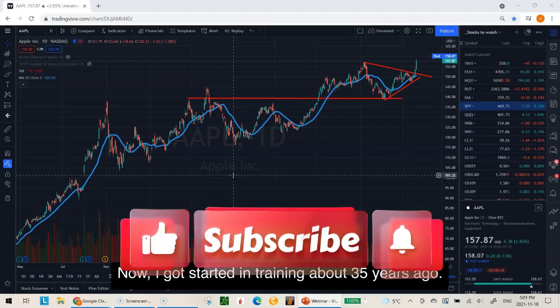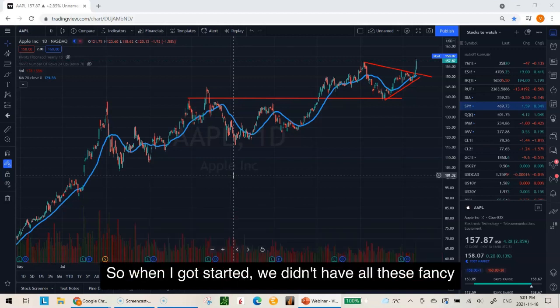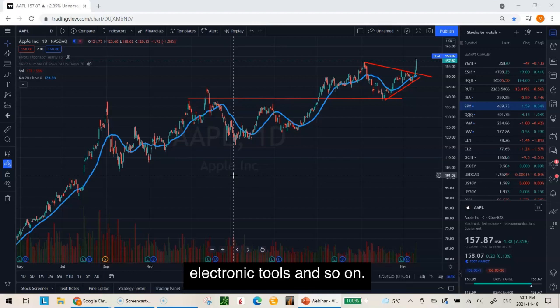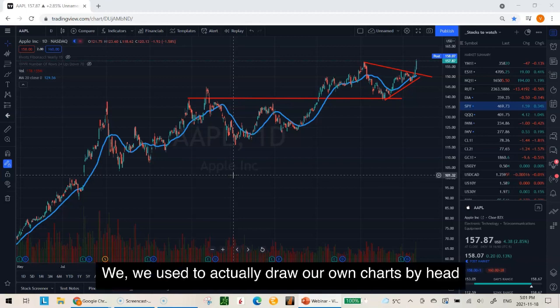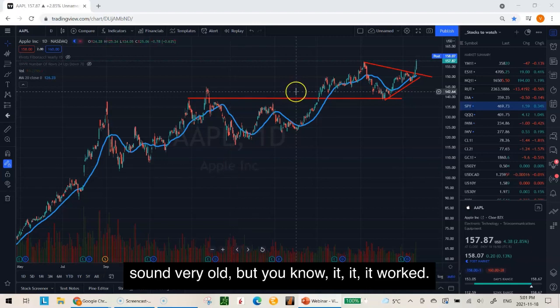Now, I got started in trading about 35 years ago. So when I got started, we didn't have all these fancy charting platforms with all these electronic tools and so on. We used to actually draw our own charts by hand with a pencil and a ruler, believe it or not. Makes me sound very old, but it worked.